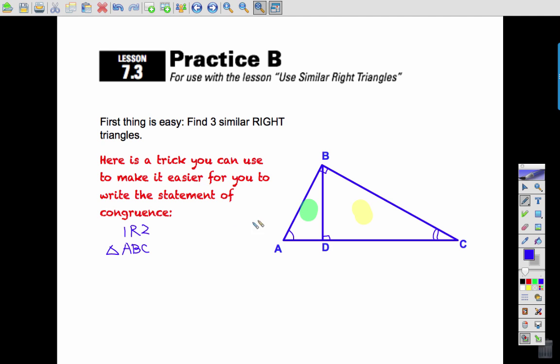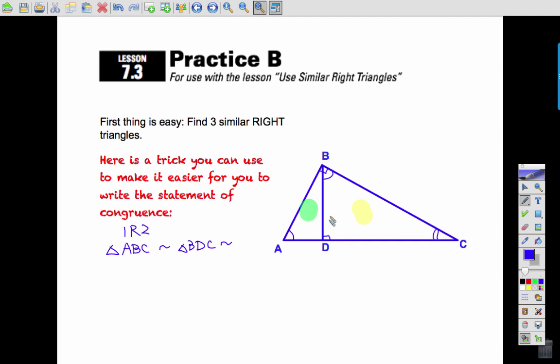Now, I'm going to look at my yellow triangle. In my yellow triangle, I already have a right angle. I already have 2 tick marks. The only angle left, I can only put 1 tick mark there. Now, if I write the similarity statement, I have to go 1, R, 2. So that's B, D, C. These two triangles are similar.